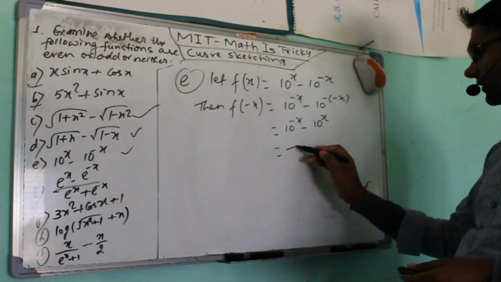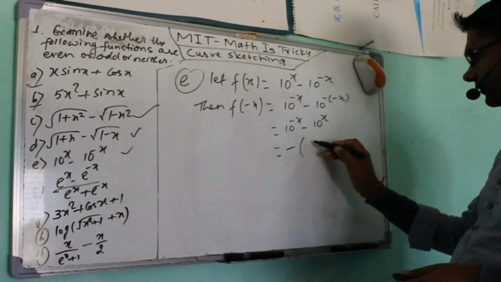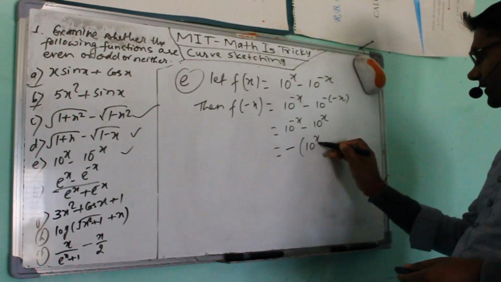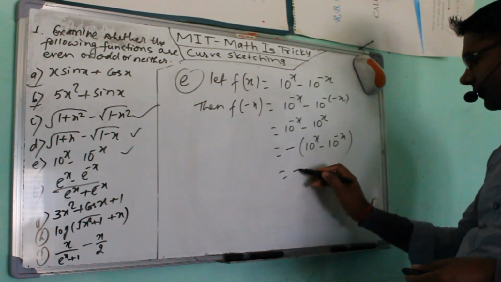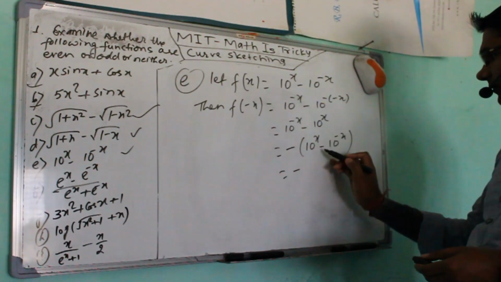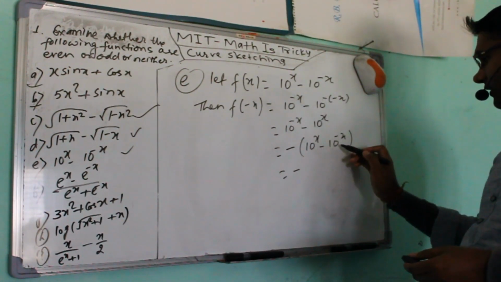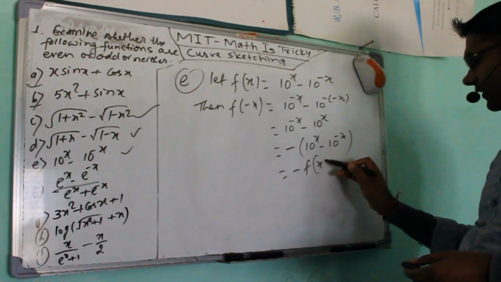If we take minus common, we get minus of 10 to the power x minus 10 to the power minus x, so it is minus f of x.